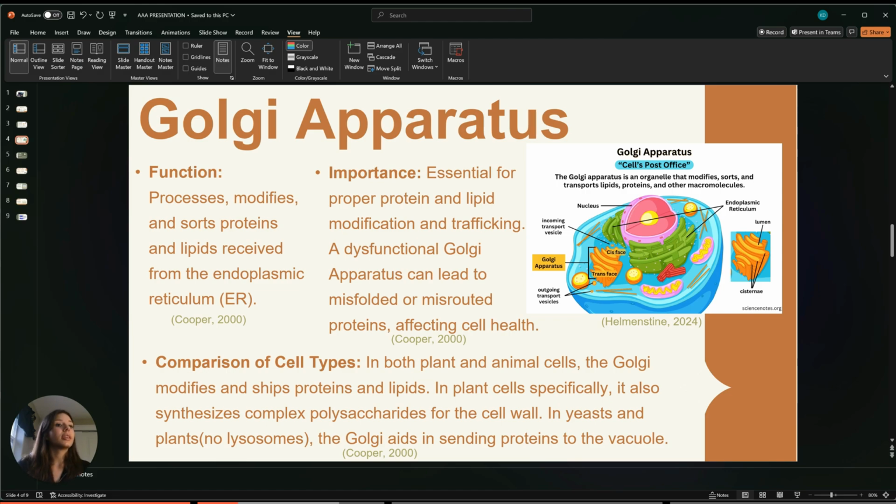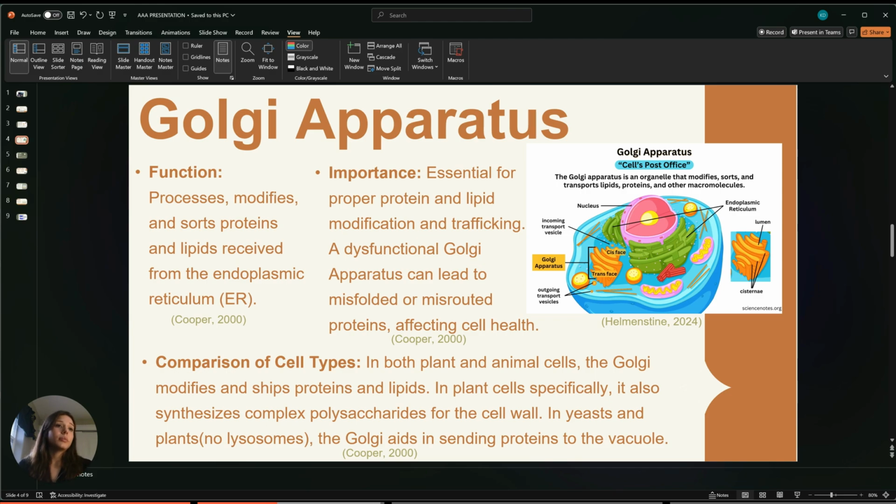It is essential for proper protein and lipid modification and trafficking. It ensures proteins are chemically altered for their final roles and directed to the correct locations.